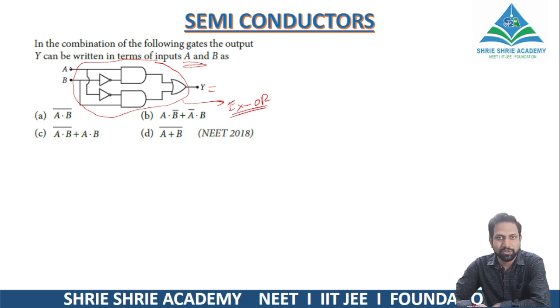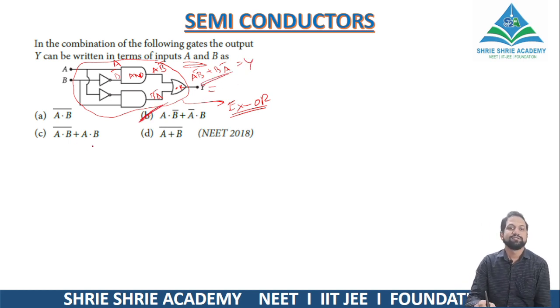A is given here, so A will come here. B has been complemented, so B bar. It's an AND gate, so A B bar. Similarly here it is B A bar, and this is an OR gate, so A B bar plus B A bar will be the output. That is option C.